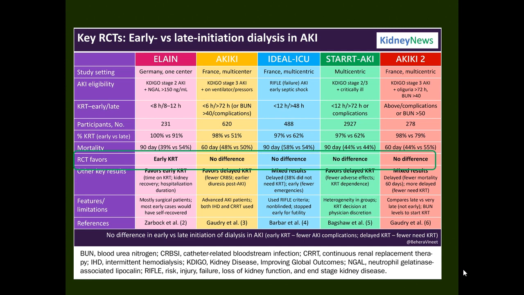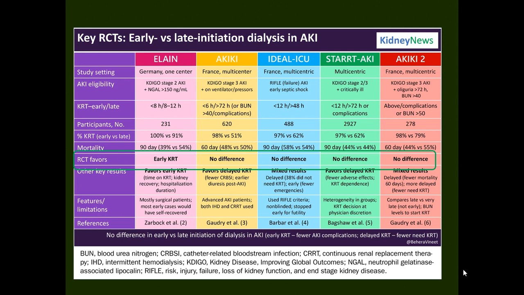The problem with the ALIGN trial was that more than 90% of the patients were of the surgical subgroup, right? And even the patients randomized to the delayed group were critical 3 less than 12 hours. None of them had an absolute indication for dialysis. So maybe that was an early kind of thing compared to other trials.